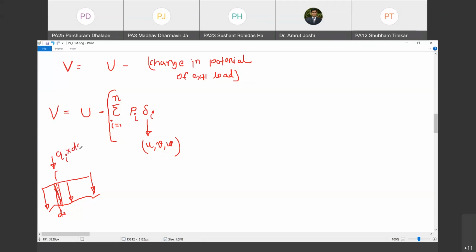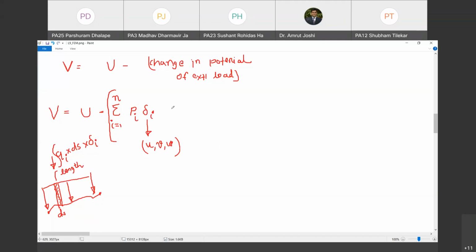So qi multiplied by ds is going to be the small point load acting at this point, multiplied by the value of u, meaning the value of deformation in the direction of qi into ds, that I am going to call delta I. This is going to be the change in potential of qi into ds. If I integrate it over s running from 0 to L, so it's integration over the length of the load, that is going to give me the total work done by this force, or total change of potential by this force. Are you with me?